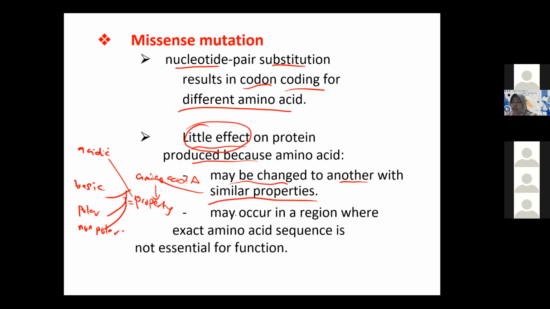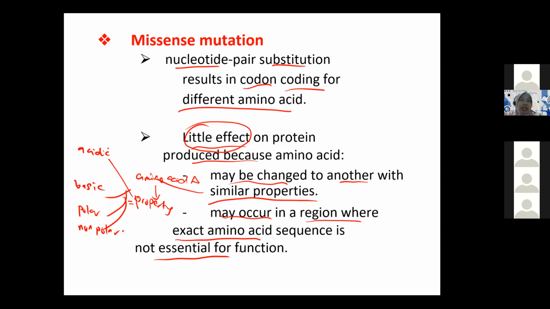And the next one is little effect on the protein produced because the change of amino acid occurs in a region where the exact amino acid sequence is not functional. Okay, maybe the mutation happens on the DNA at the exon region. Alright, in the region of exon. So when it is exon, remember during RNA splicing, it will be removed.